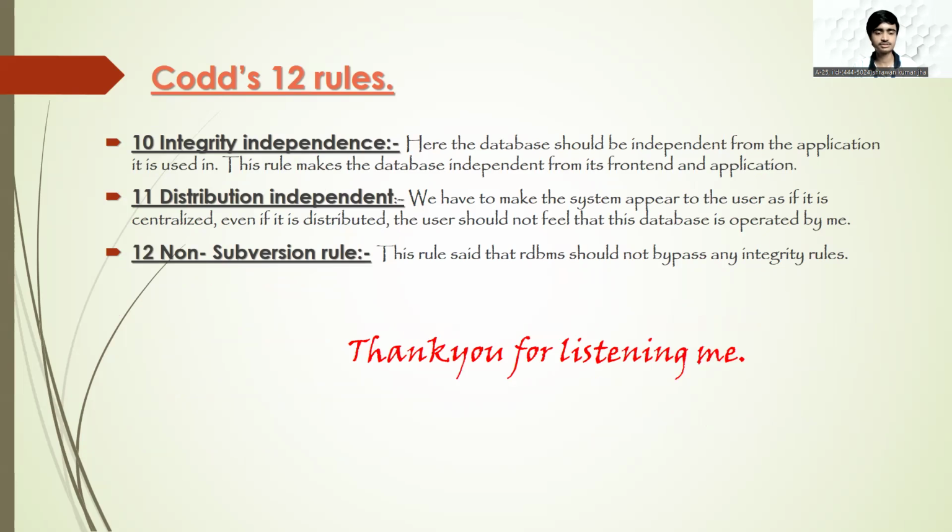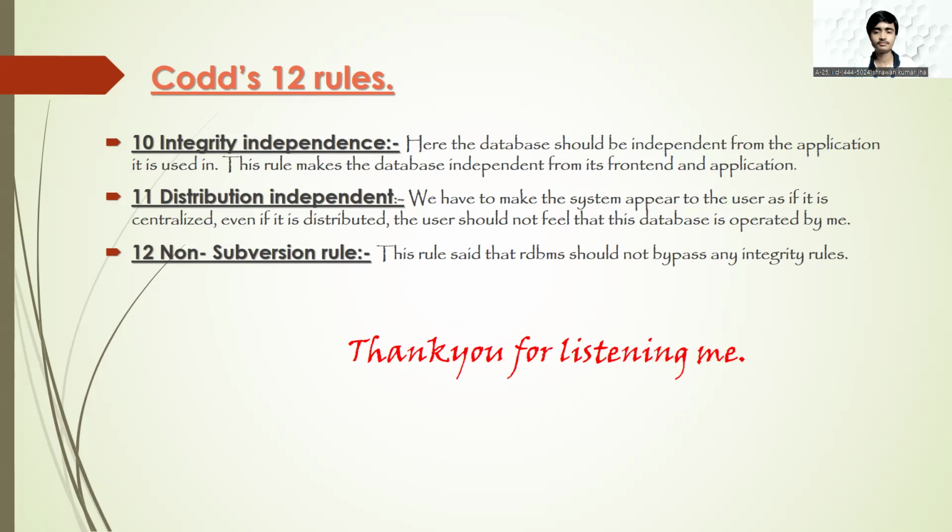And the twelfth rule is distribution independence. We have to make the system appear to the user as if it is centralized, even if it is distributed. The user should not feel that this database is distributed.